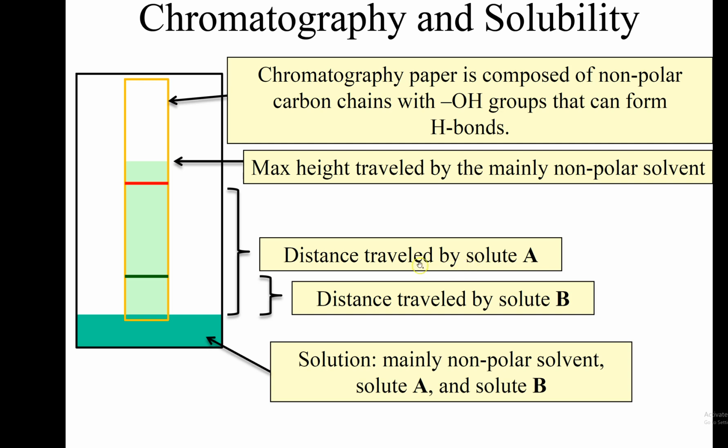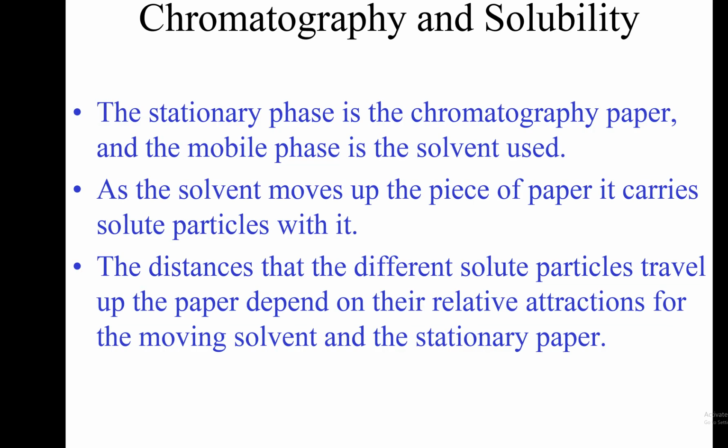The distance traveled by solutes A and B would be indicated by this red and this green line. The solution, which is a nonpolar solvent, usually is going to have solute A and solute B at the bottom. Again, with chromatography paper, we're talking about these OH groups that can form hydrogen bonds. So the more polar something is, the more likely it's going to run up.